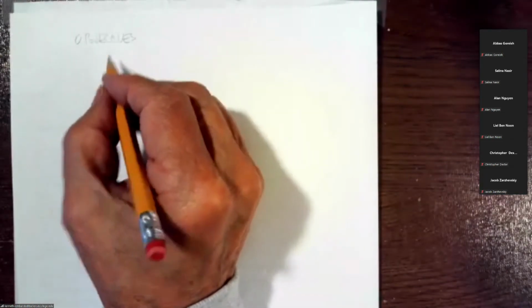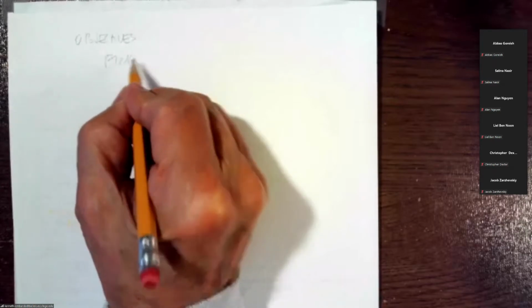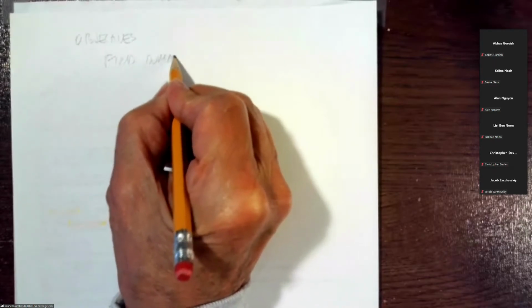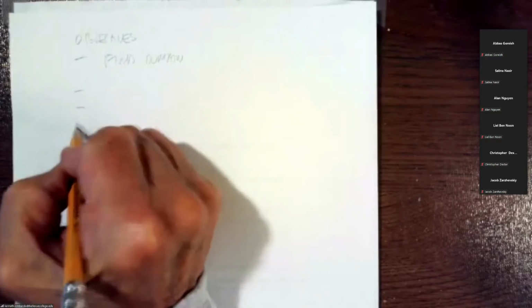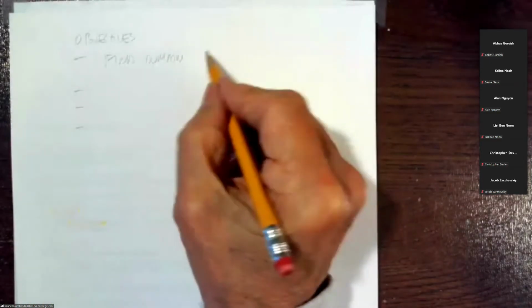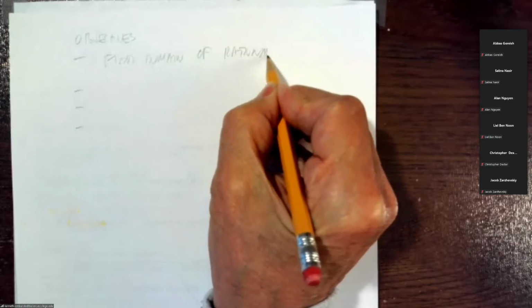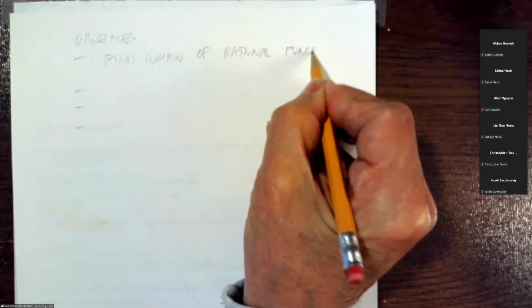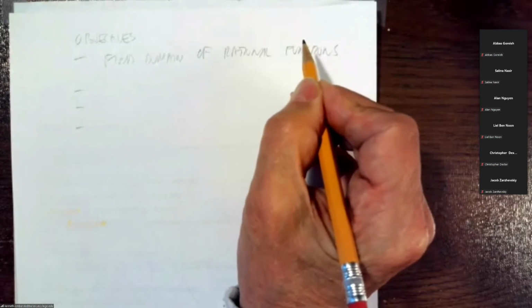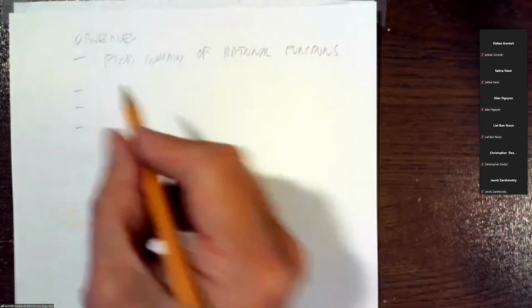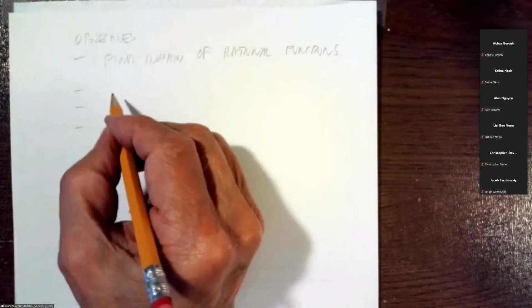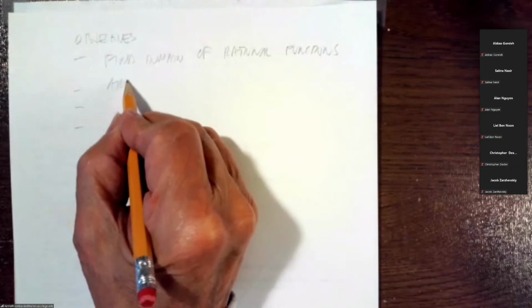Okay, we want to be able to find the domain of some rational functions. And we're going to use something called arrow notation.